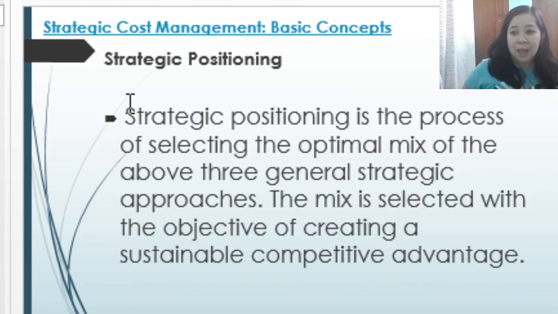Meaning to say, you should select the best mix of using cost leadership, differentiation, and focusing in selling your goods or services. So the mix is selected with the objective of creating a sustainable competitive advantage.